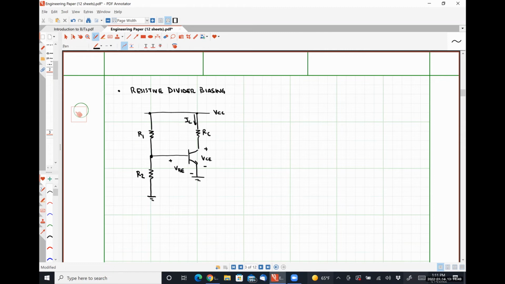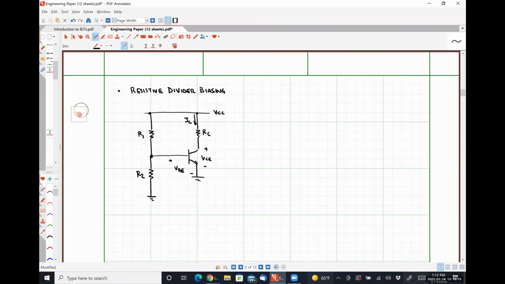So this guy is a little bit more difficult to analyze because we don't have a simple and straightforward relationship dealing with our base current, right? So we are going to employ Thevenin and Norton equivalent circuits to simplify this guy to something we can handle much more easily, okay?